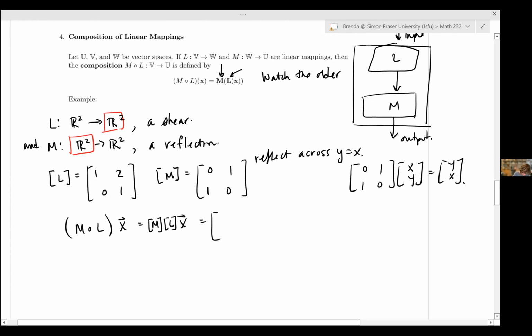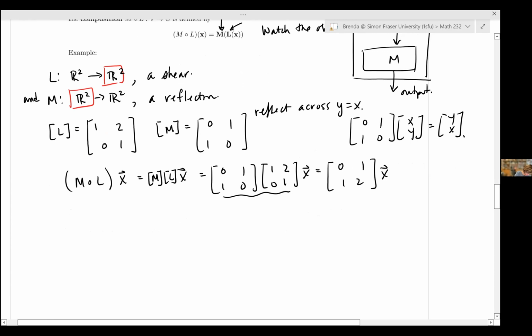We know what these are, and I'm going to get this 0, 1, 1, 0, 1, 2, 0, 1, and then I have X. I'm going to perform this matrix multiplication, and I get this 0, 1, 1, 2, X.